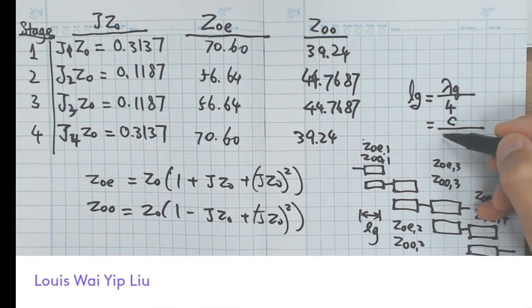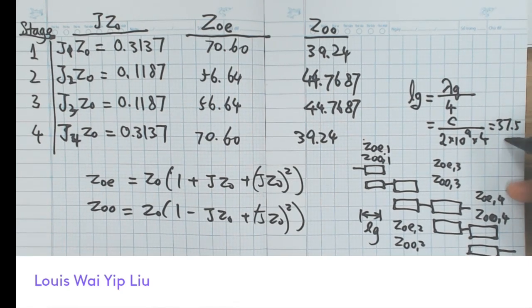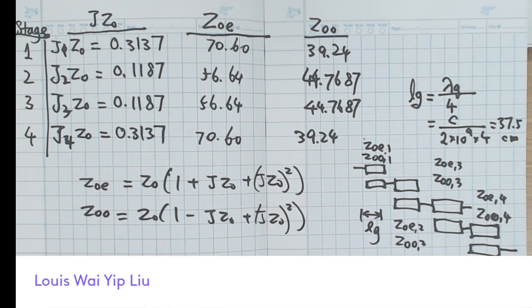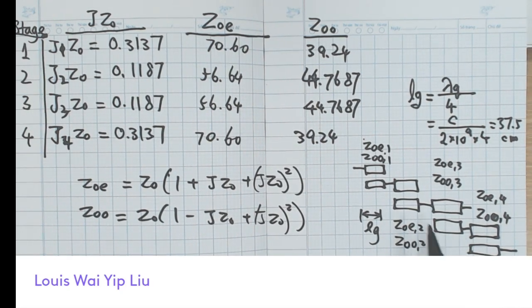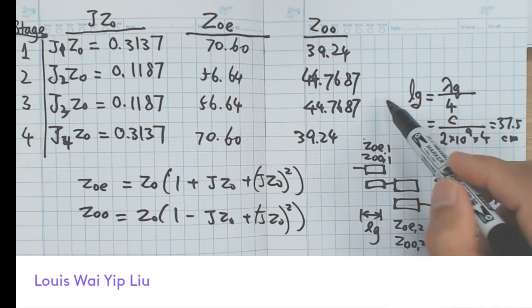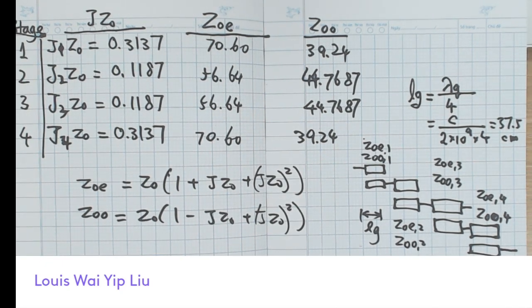And then the frequency, which is 2 gigahertz, and then divided by the 4. So the value is 0.5 centimeter. Yeah, 37.5 centimeter. So if you have any issue, any question, please leave your questions to the comment section of this video. Thank you for your time.